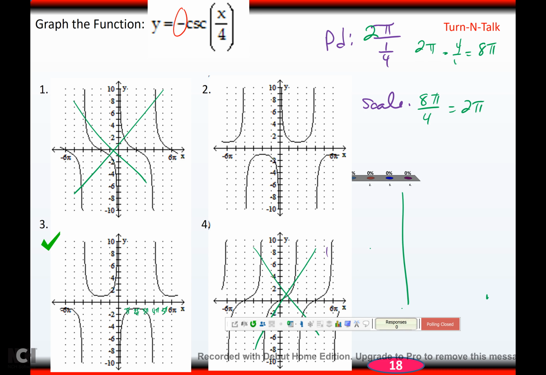Alright, so now, that's better, 2, 3, 4, 2, 3, 4. This would be 2 pi, 4 pi, 6 pi, 8 pi. So now, let's try this again. My related sine would be 0, negative is going to make me go down first, 0, up, 0, down.